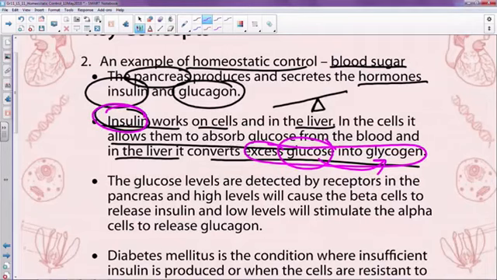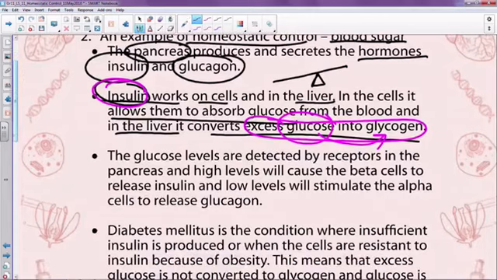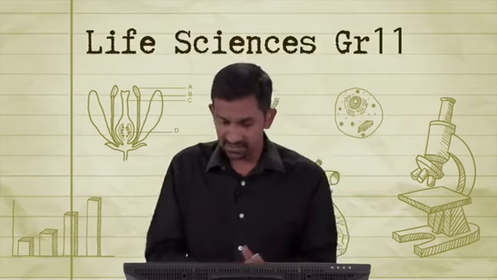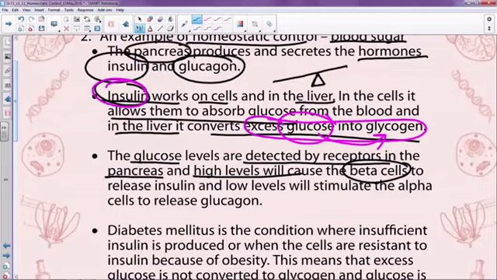We also know that the glucose levels are detected by receptors in the pancreas, and high levels will cause the beta cells to respond. So in the pancreas we have a patch of tissue called the islets of Langerhans. And these islets of Langerhans contain two types of cells. You've got your alpha cells as well as your beta cells.